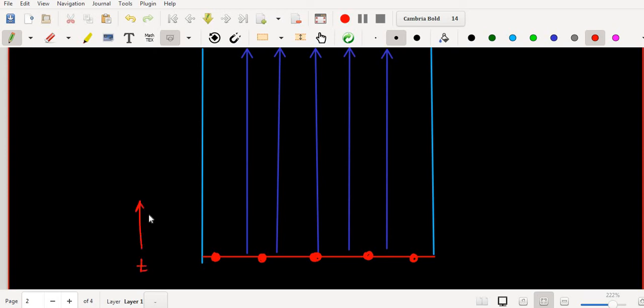As time increases, these particles will start moving, but due to the change in velocity of water, these particles will move at different speeds.